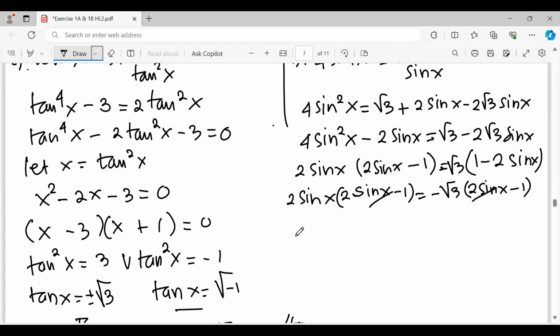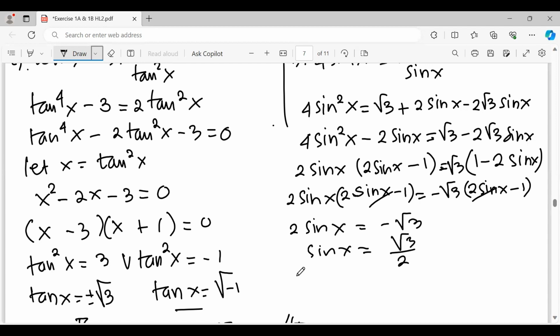It's going to be 2 sine x equals minus root 3, and it means positive and negative as well, because root 3. So sine x would be minus root 3 over 2.